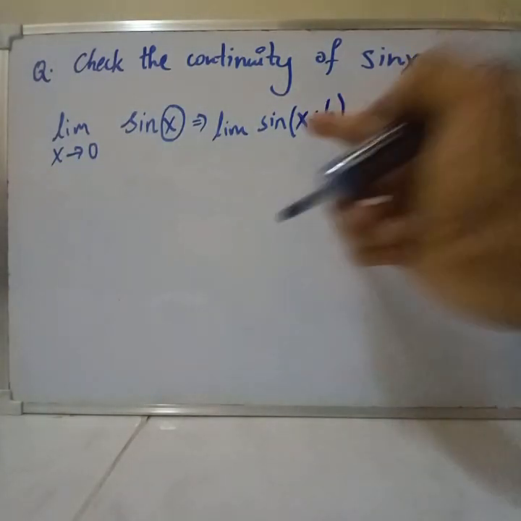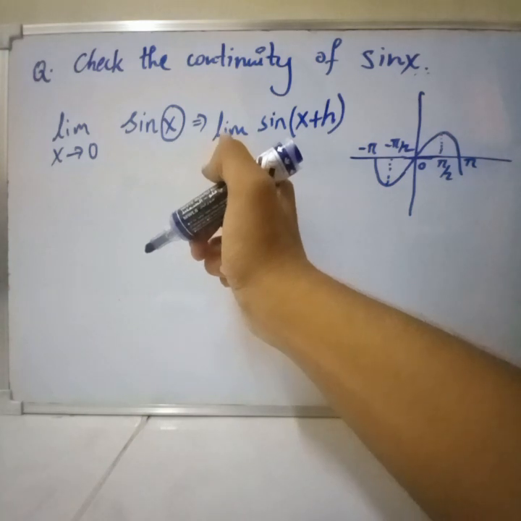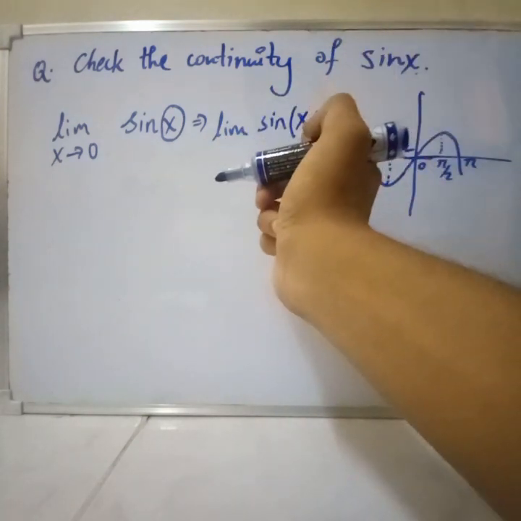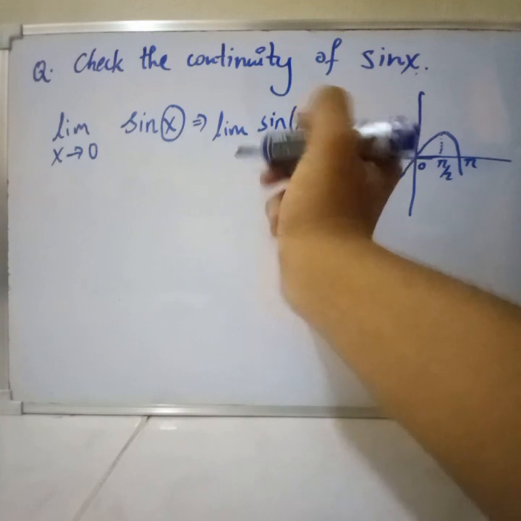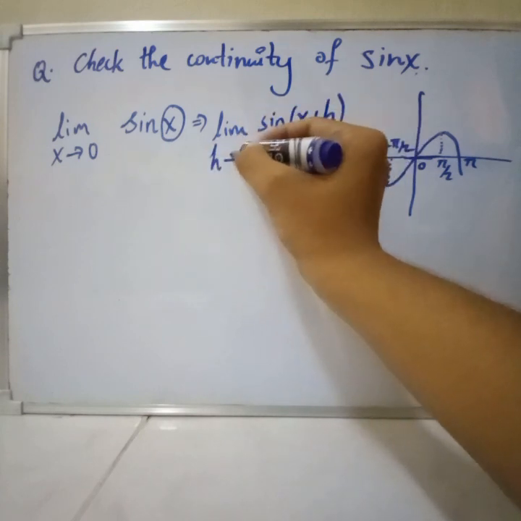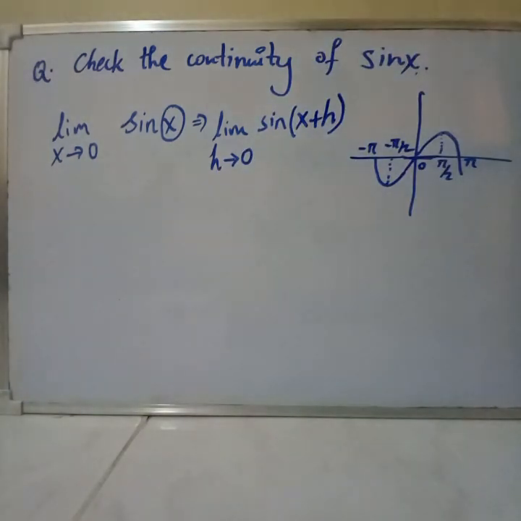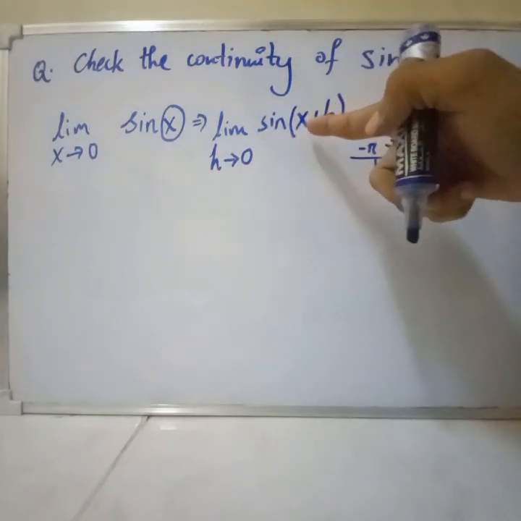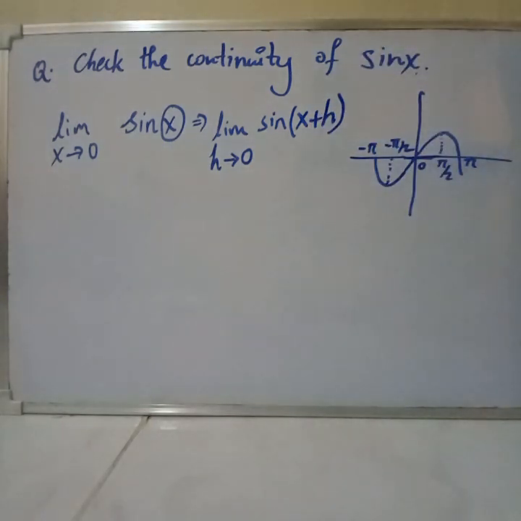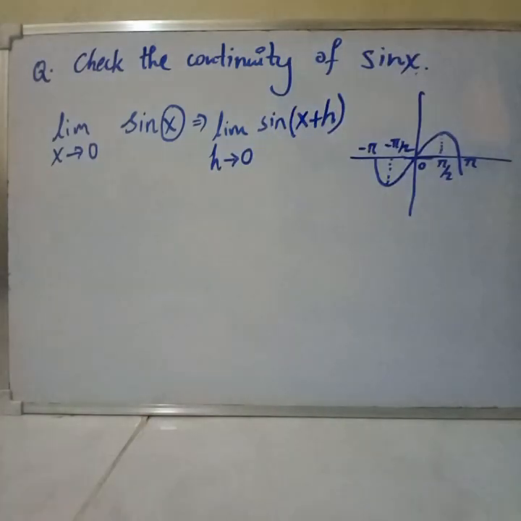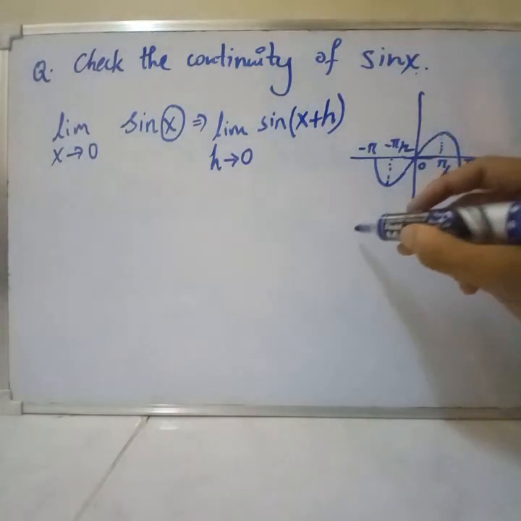So for solving this question, we'll be taking the limit of sine. Instead of x, we'll be putting x plus h, where h tends to 0. Let's assume h is almost equal to 0, because x plus 0 will be equal to x itself, right? So that's why we are adding this here.